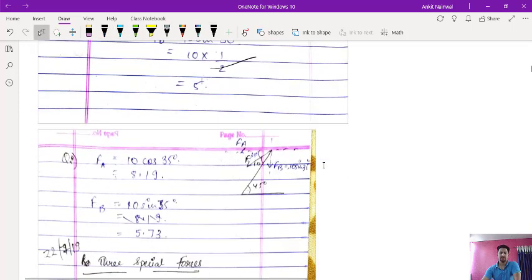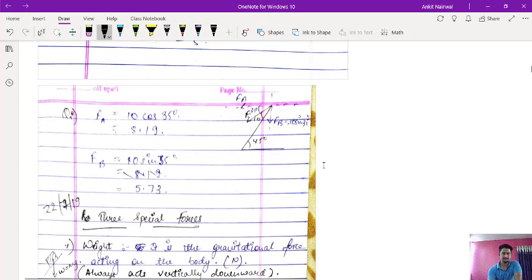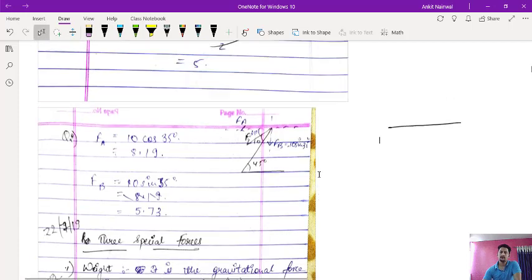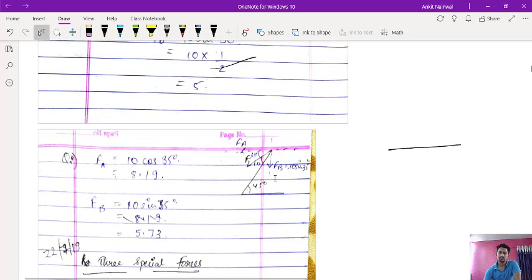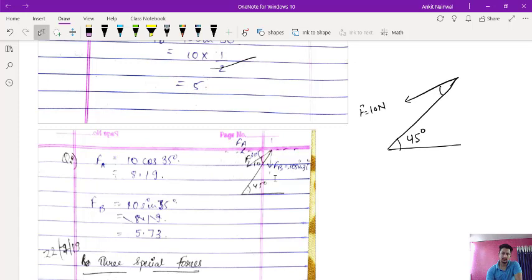Now let us see the second one. Here, suppose it is given that this is the horizontal surface, there is an inclined surface here at 45 degrees with the horizontal, and here is one force that is applied, F equals 10 Newton, at an angle of 10 degrees with the inclined surface.